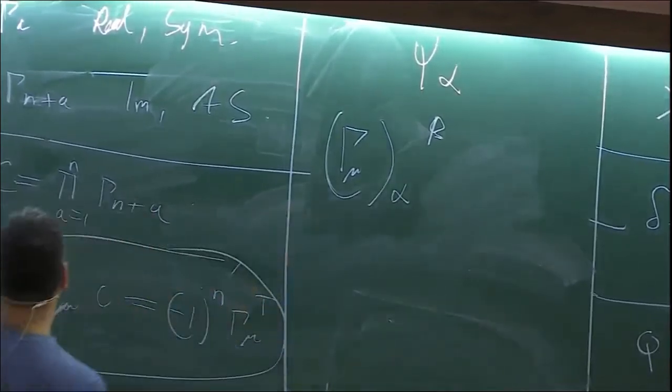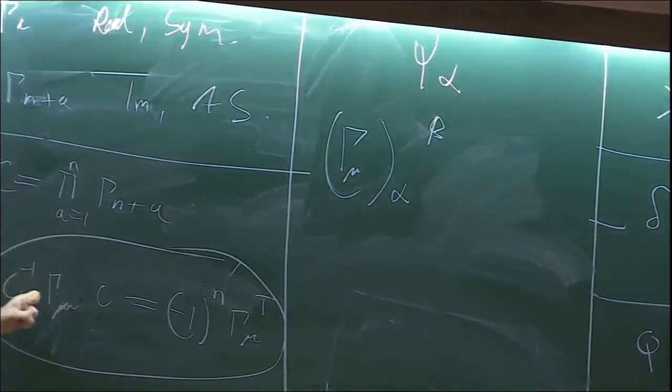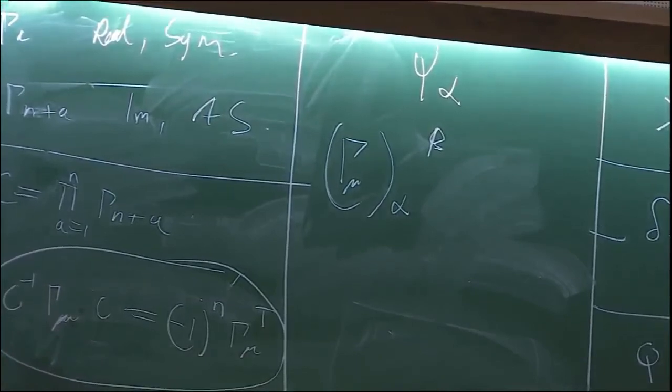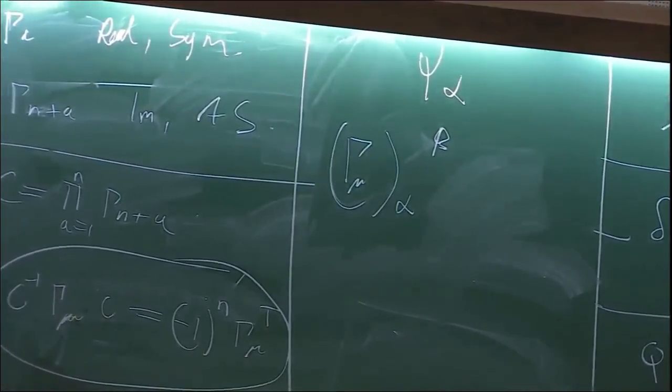Okay? And what is this now? What is this C object? This C object is replacing gamma with its transpose. Now the transpose has opposite indices. If gamma had first index down, second index up, the transpose has first index up, second index down. So you see, C inverse apparently is raising an index, whereas C apparently is lowering an index.